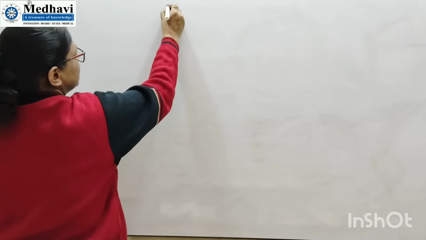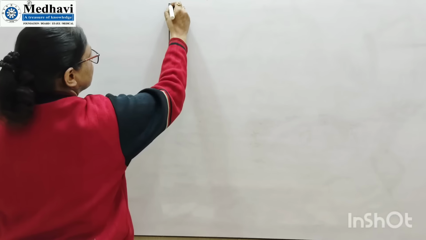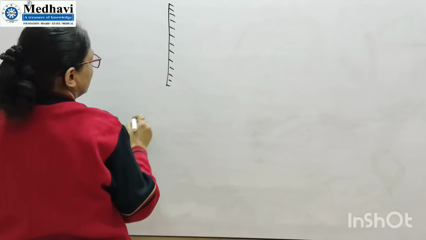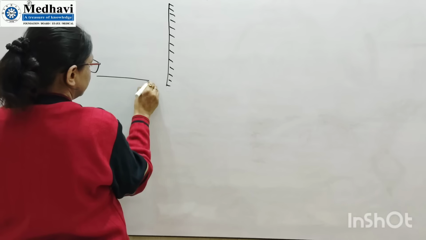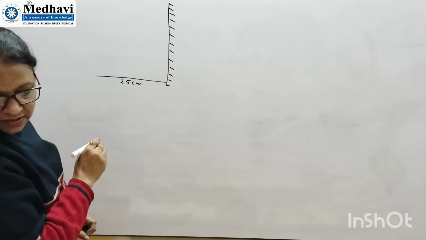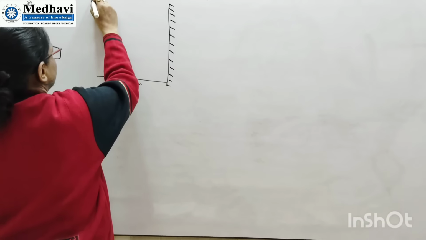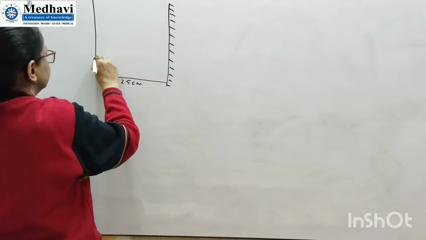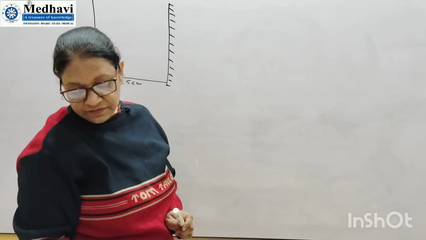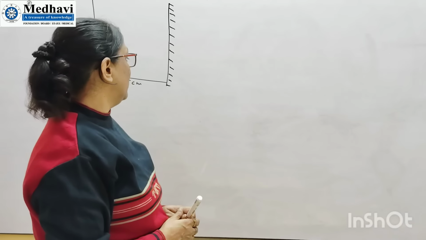Question: an object is kept at a distance of 25 centimeter in front of a plane mirror. Suppose this is a plane mirror. The mirror is shifted 5 centimeter away from the object.